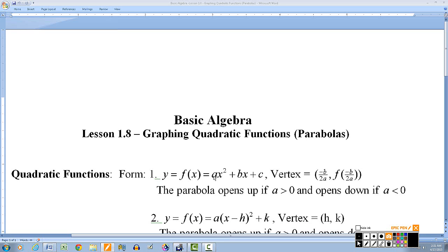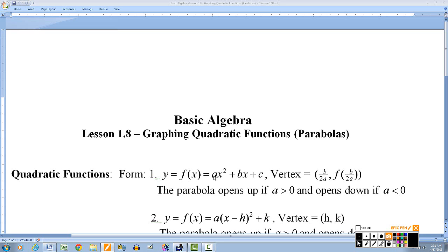The parabola itself, like I said, really all you need is 1 point. If you just wanted a rough sketch of the graph, the vertex is all you need. So if it has the form ax squared plus bx plus c, where a is not 0, then the vertex is given by minus b over 2a.